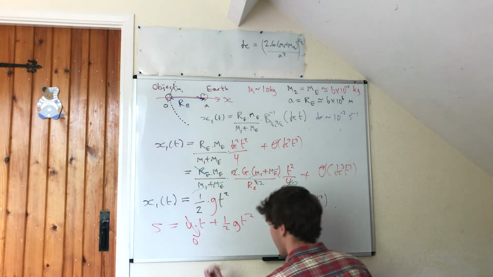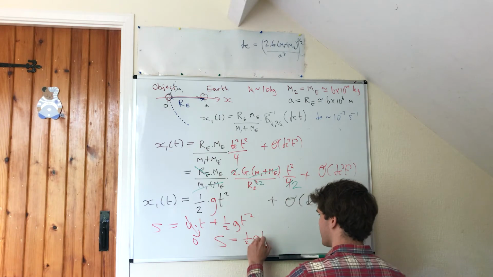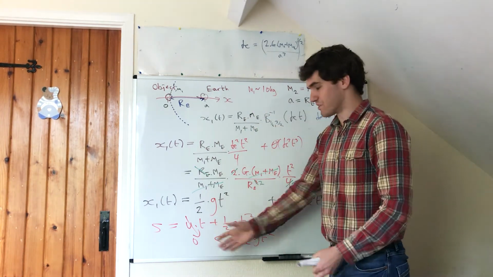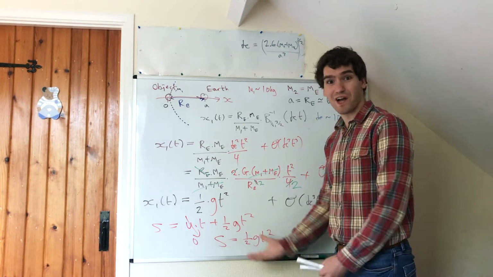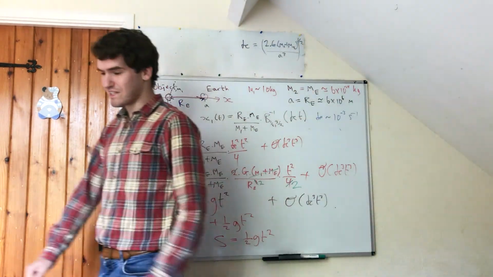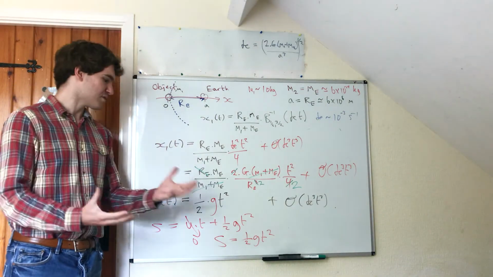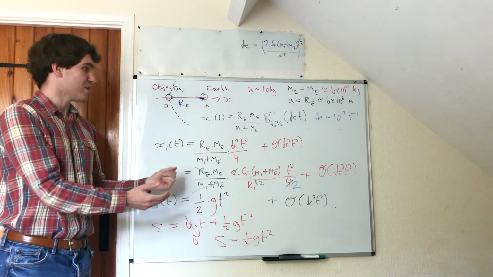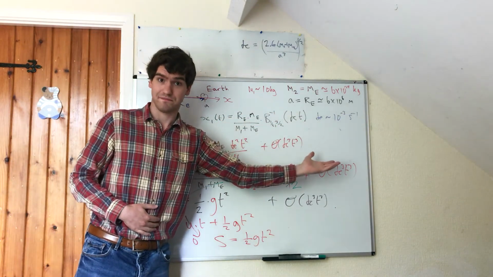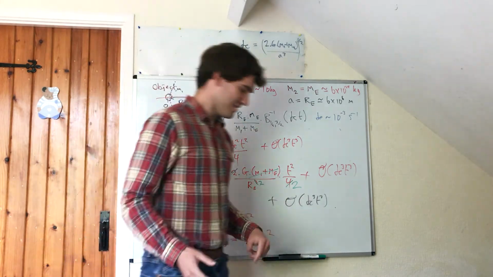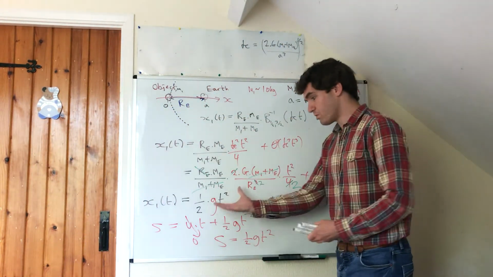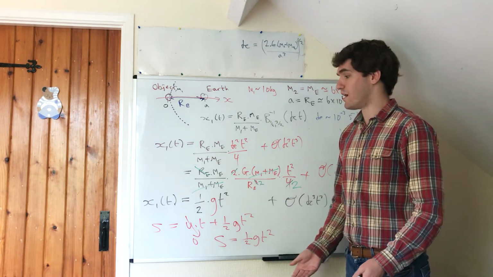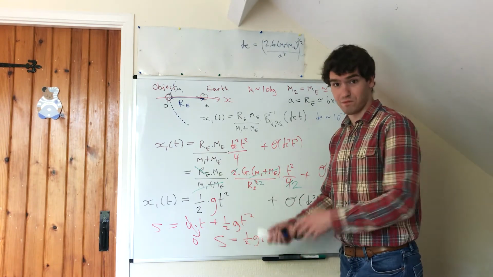And indeed, we recover s equals half g t squared. So in the limiting case of our analytic solution, we recover the suvat equation, which is absolutely fantastic, because this shows that our exact solution is valid in a very important limiting case. That makes me very happy, because we've done a sanity check of our solution and showed that it does the appropriate limit, which is what we want.